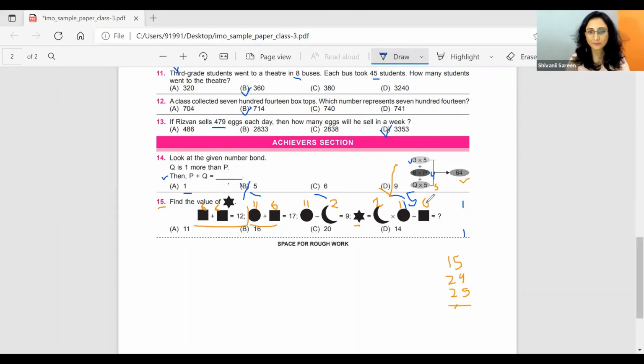Now, kids, please remember, first we do multiplication and division before doing addition and subtraction. So we need to do multiplication first. 2 into 11 is 22. 22 minus 6 is 16. So the correct option would be option B, which is 16.